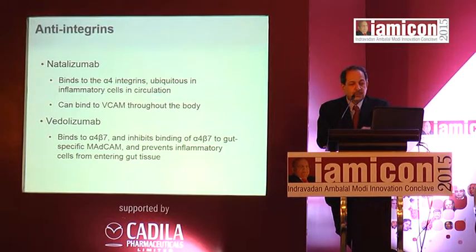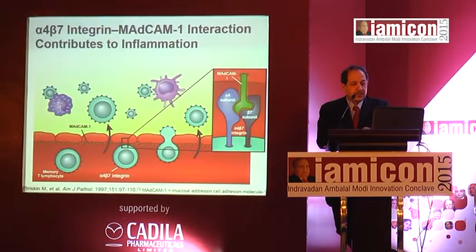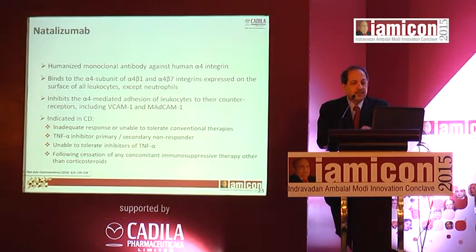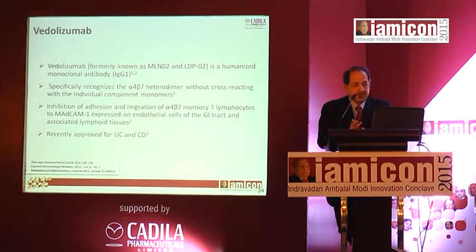These are the two molecules which have been recently introduced. Neither of these is still available in India, and I think it would be very helpful if a company like Cadila Pharmaceuticals takes a lead in developing a biosimilar for this molecule.